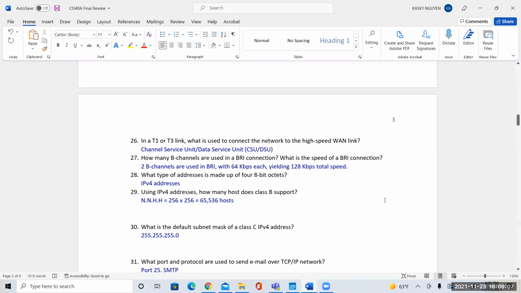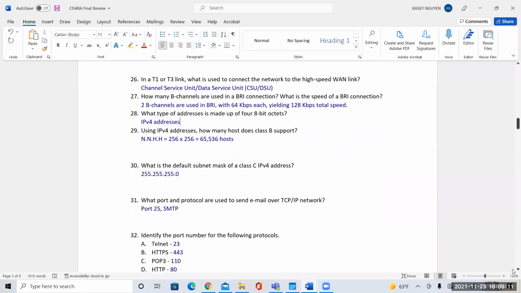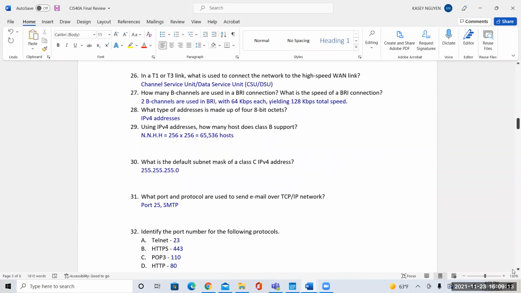Okay, now we're going to start entering the protocol support and the IP addresses. 29. Using IPv4 addresses, how many hosts does a class B support? So we need to know class A, class B, class C, right? How the subnet or the network identifier and the host identifier work. So class B uses network, network, host, host.